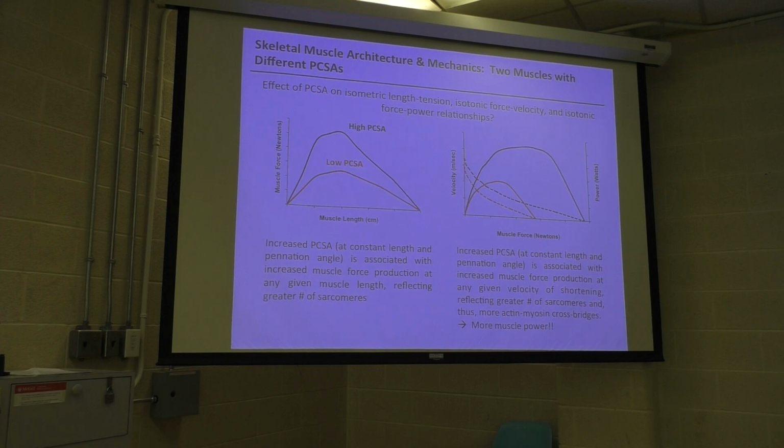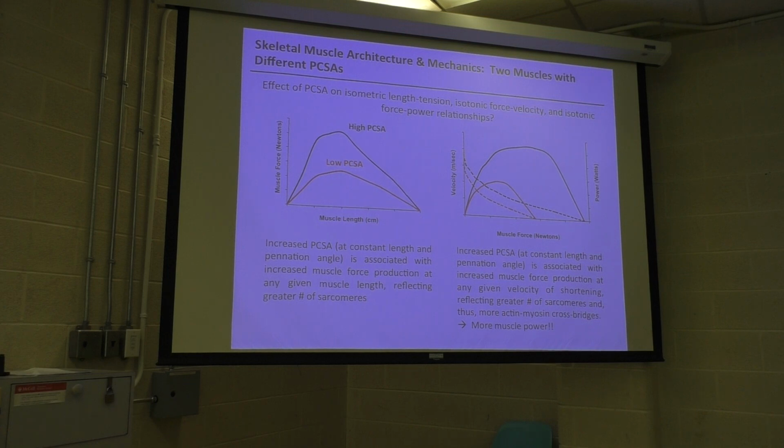So what happens to the length-force curves or the power curves? Like we just talked about, when you change the cross-sectional area, you change the force. So at any given length, you're going to have an increased force for a higher cross-sectional area.